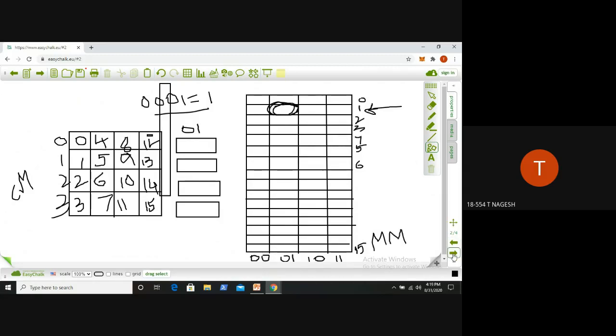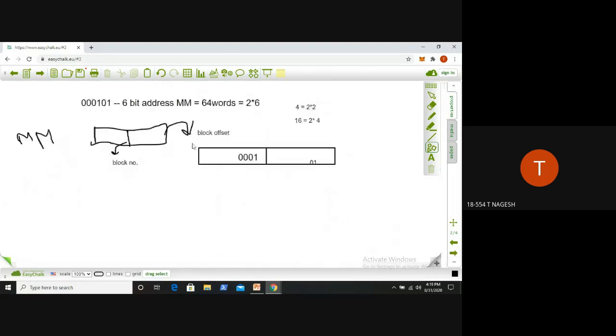tag number. So if you consider the address for cache memory, the address is divided into 3 parts again, as I have already specified. The first part here is again the block offset.